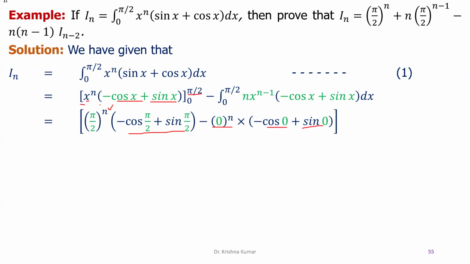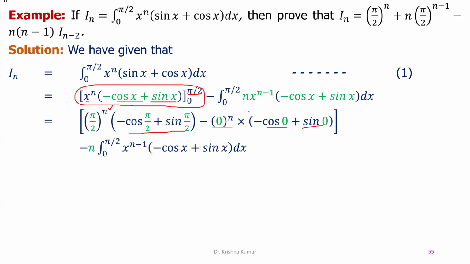So this is the first part of the given integration. Now the second part, we can take n outside: minus n times the integration of x to the power n minus 1 multiplied by minus cos x plus sin x with respect to x under the limit 0 to pi by 2.